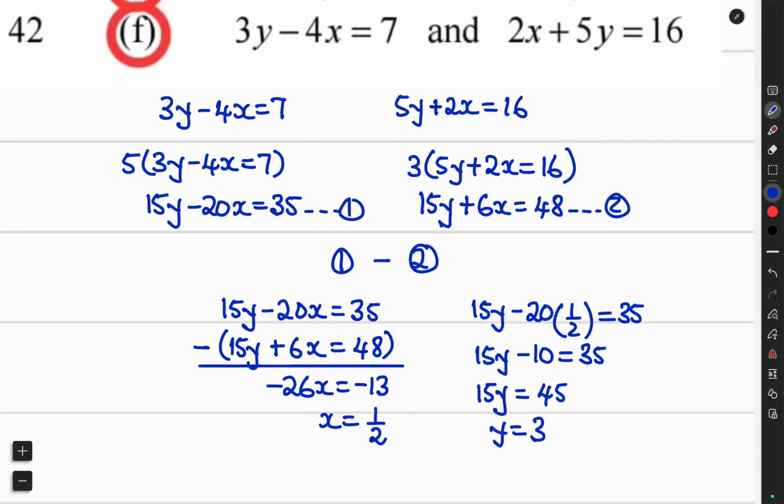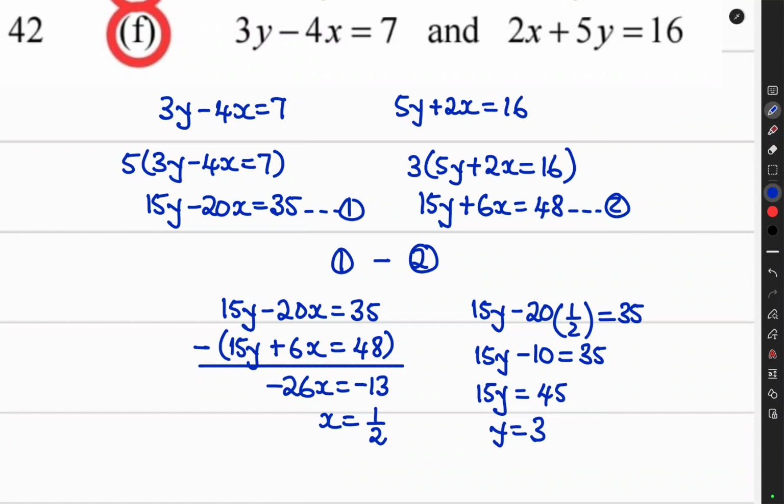Just have a look. Just make sure you understand this. Don't forget, guys, what's important here is to make sure that you have the same coefficients of y if you choose y. But if you choose x, you make sure that you have the same coefficient of x first to eliminate.